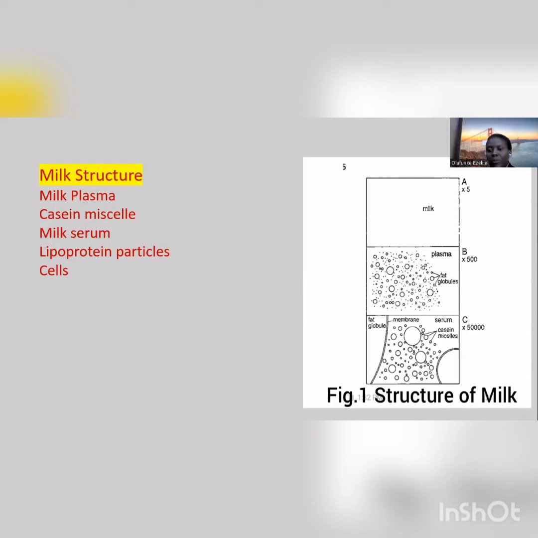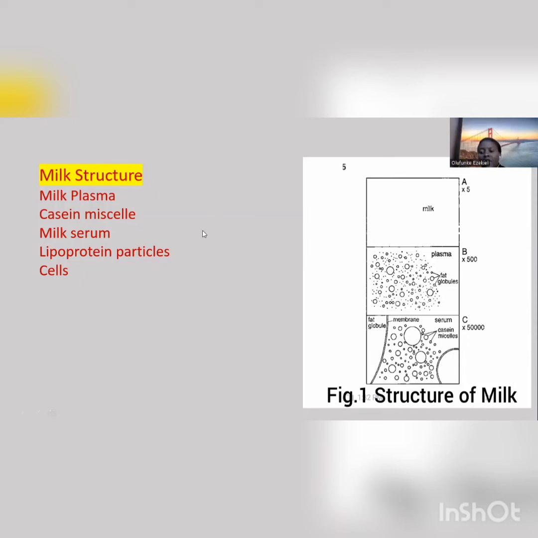On figure 1, we have 3 separate magnifications of the microscope. The first one is times 5. Then the second one, B, the region of B is times 500, and then the region of C is times 50,000 in terms of magnification. So we have the milk plasma, there's casein micelle, we also have milk serum and lipoprotein particle cells.